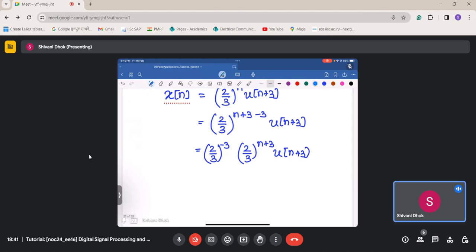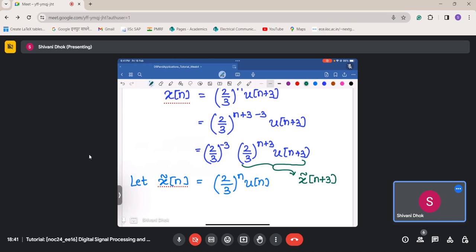Now let x tilde n be defined as 2 by 3 to the power n into u of n. If that is the case, then this quantity here is simply x tilde of n plus 3.